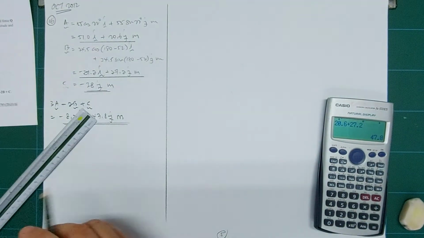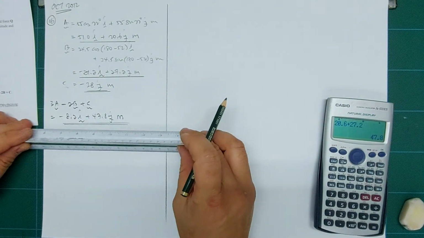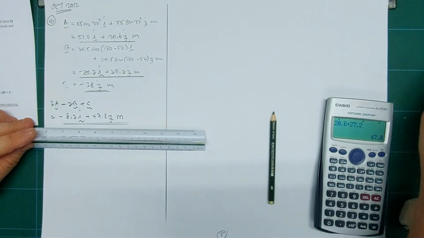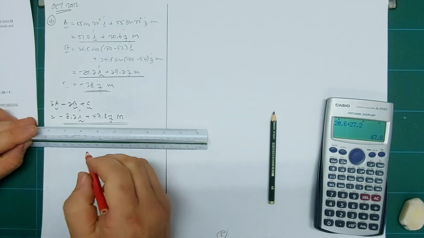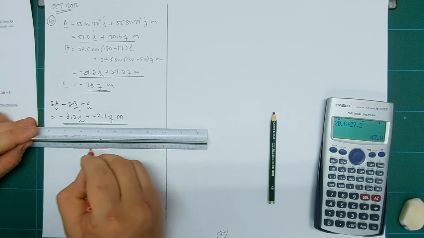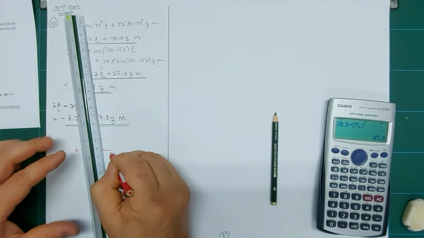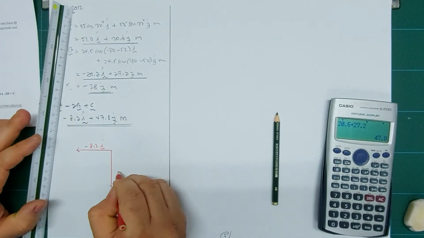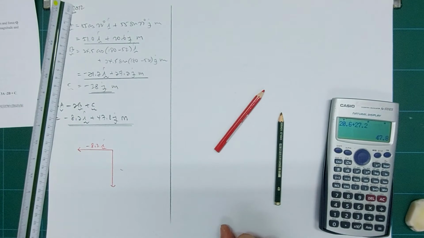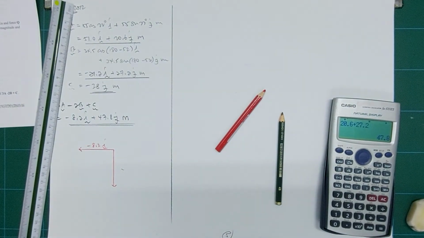Next, we're going to find the magnitude and direction. So we draw that vector. So I straight away draw without using the x and y axis here. So this is my vector negative 8.2 i, and this is my vector for, oh sorry, mistake again.